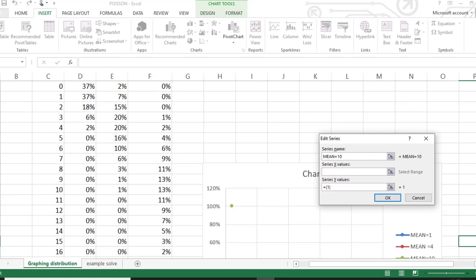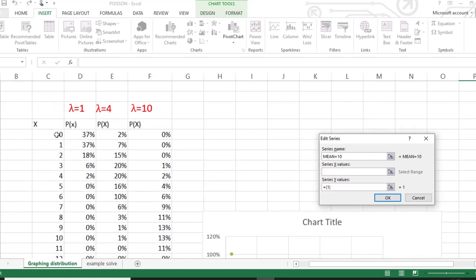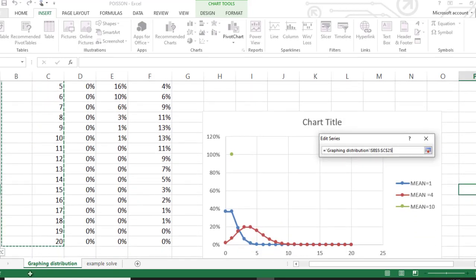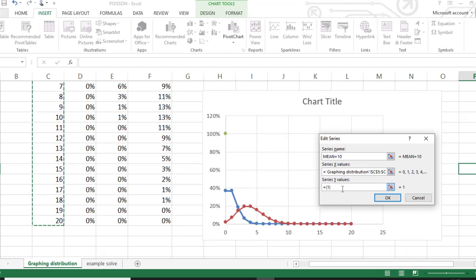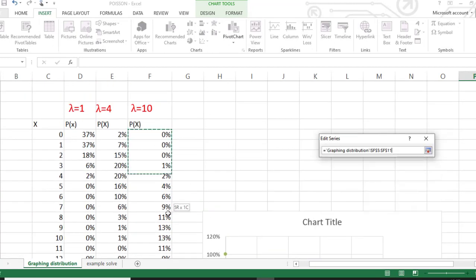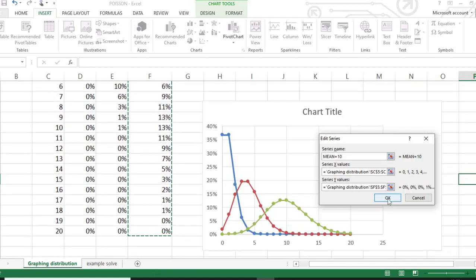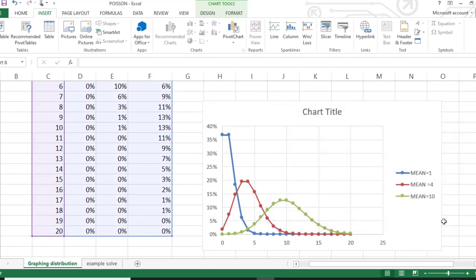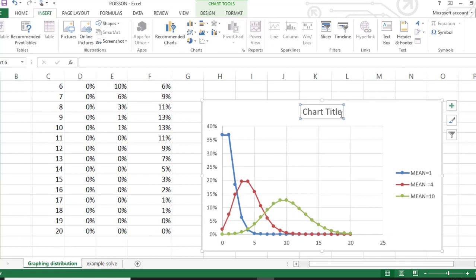Okay, so x value would be same, and the y value would be the corresponding probability. Okay, so here this is the, let me change it, the Poisson distribution.